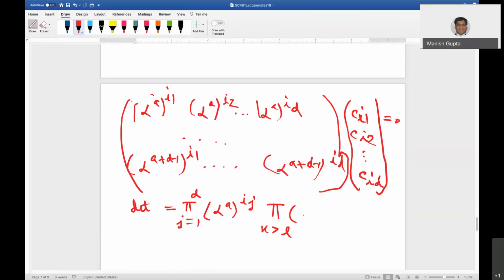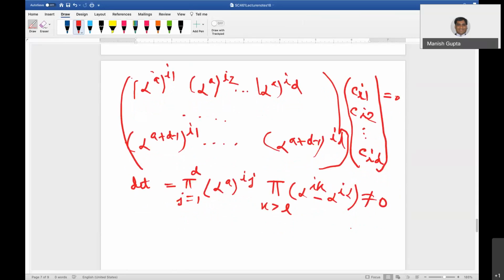It is the product of alpha raised to power ik minus alpha raised to power il. Since alpha raised to power ik and alpha raised to power il are distinct, this whole thing is not equal to 0. So this is a non-singular matrix, right? So the determinant is not equal to 0.